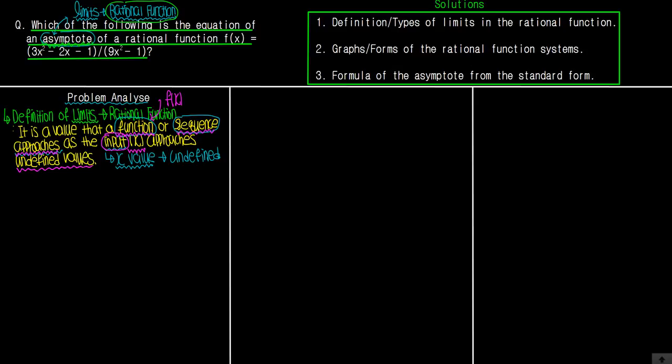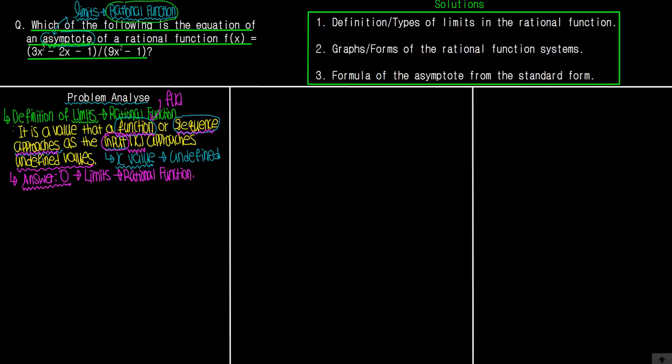What are the undefined values? They are the values that make the denominator turn to 0. And as the x value approaches the undefined values, this is what the limit in a rational function's definition is.